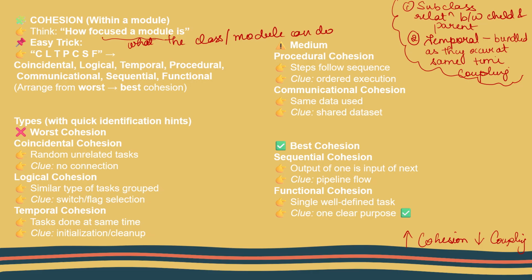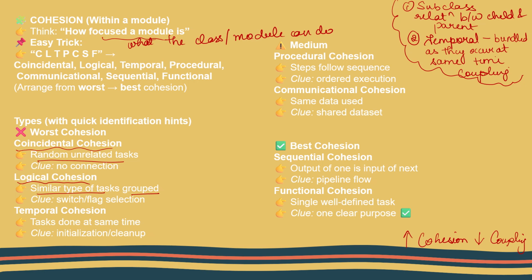So let's start with its types. First is your coincidental cohesion: random or unrelated tasks. They have no connection with each other. Second is your logical cohesion: similar types of tasks that are grouped with each other. Next, temporal cohesion.